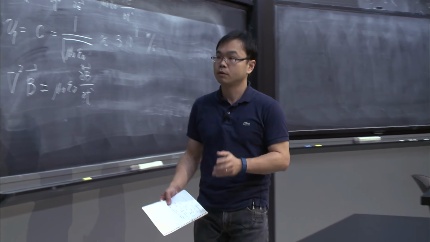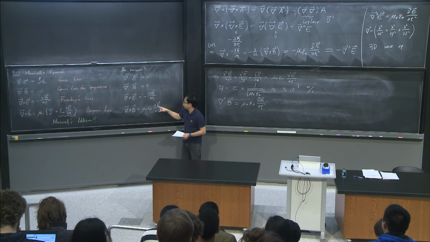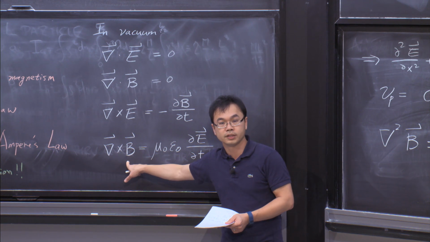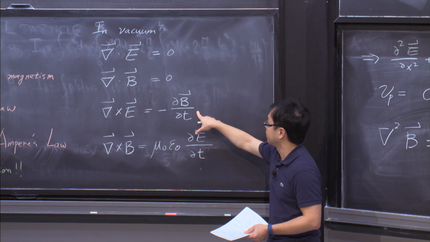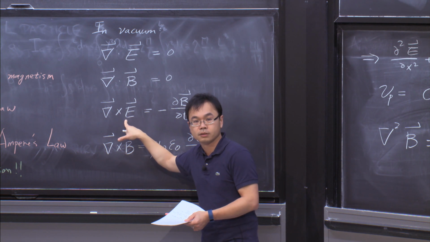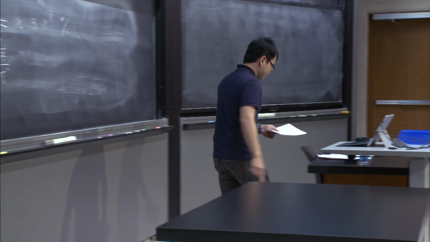And also, from Maxwell's equation, you can see that a changing electric field will produce a curling magnetic field. The same thing also happens here. A changing magnetic field also produces a curling electric field, right? So what does that mean?